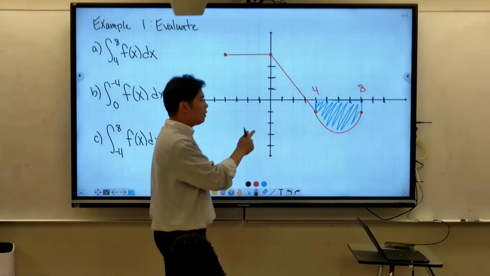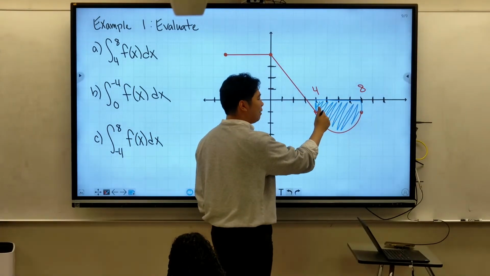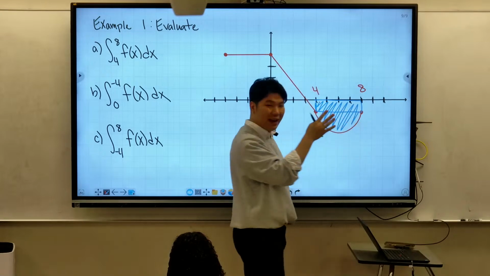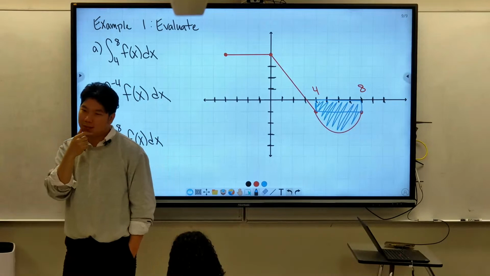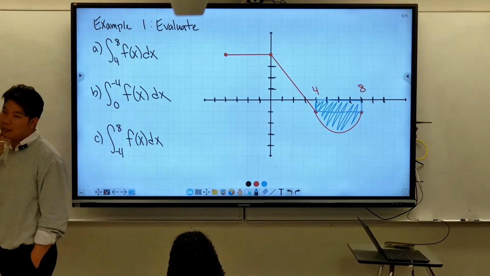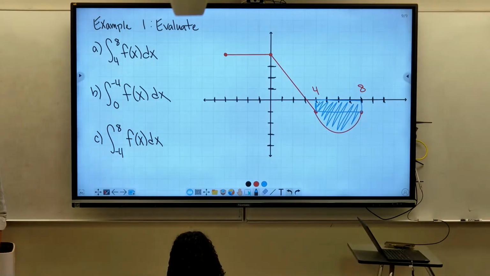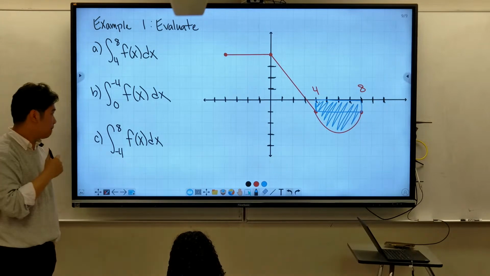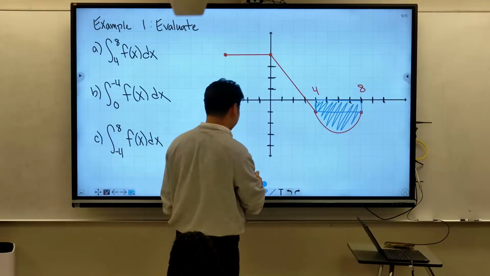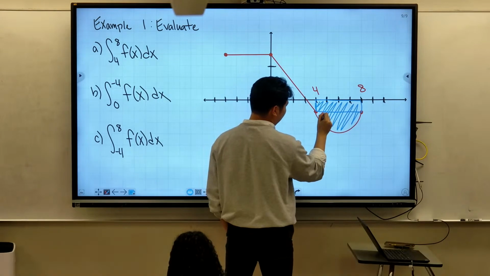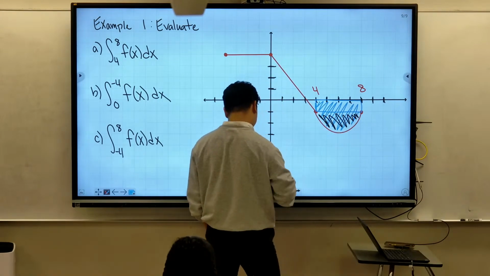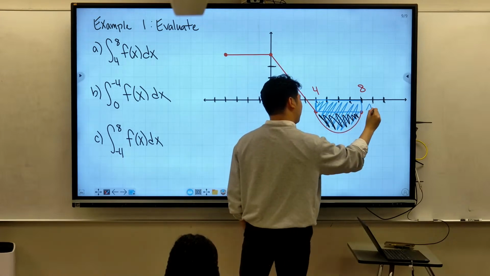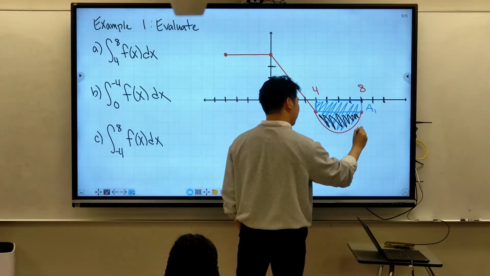Looking at this, would you agree that what I've shaded here looks like a box and then a half circle? Yes. We know how to get the area of a box. We know how to get the area of a circle. That means I should be able to get this area. Let me shade it this way so that we can specify. Let's call this area 1. Let's call this area 2.